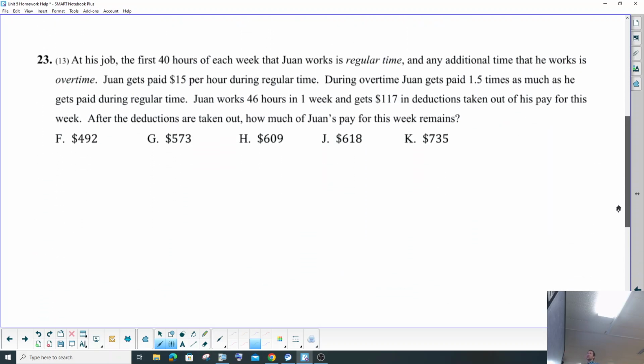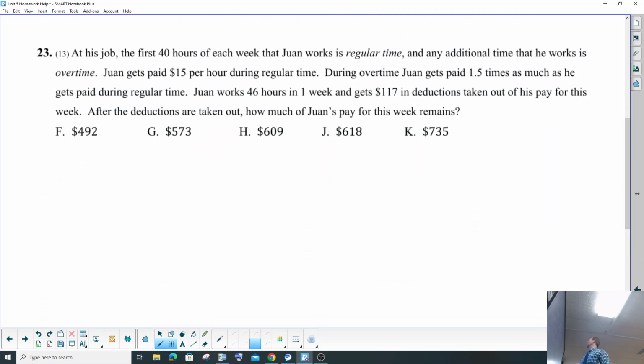ACTs. So at his job, for the first 40 hours of each week, Juan works his regular time. Additional time that he works is overtime, and he gets $15 per hour during regular time, up to 40 hours. During overtime, he gets 1.5 times as much. So $15 times 1.5.